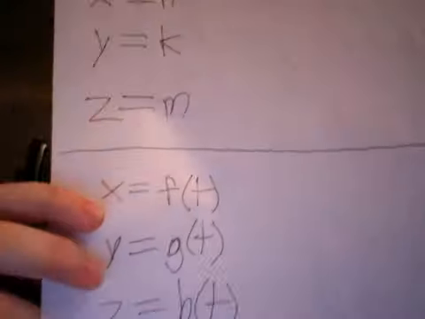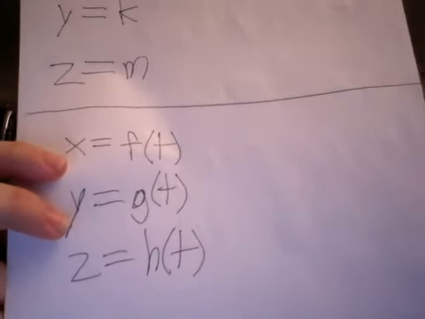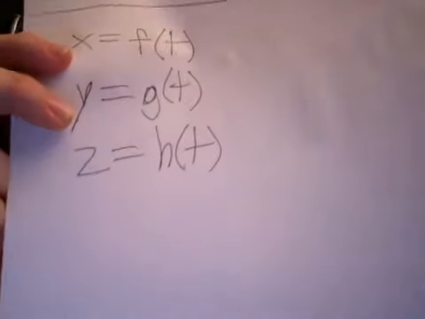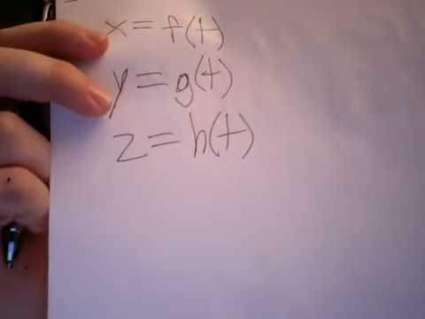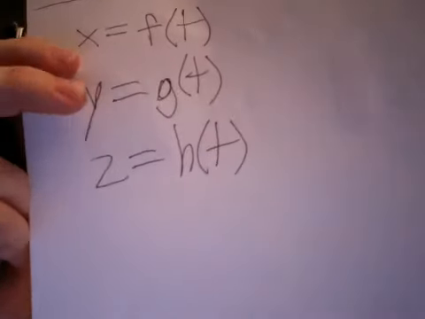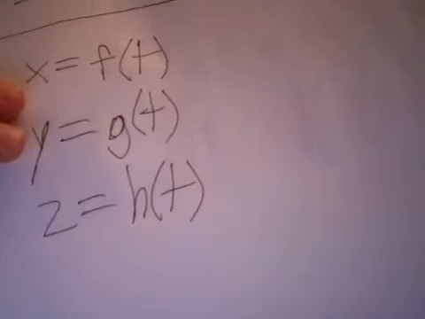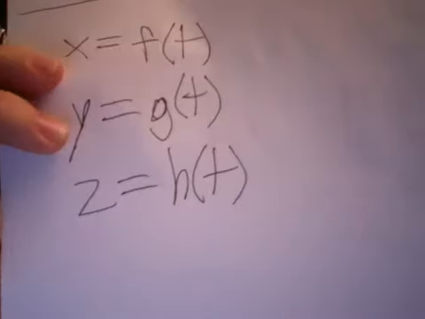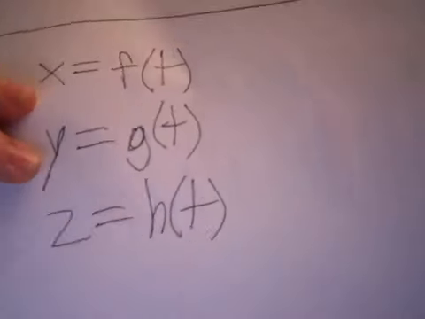So x equals f of t, y equals g of t, and z equals h of t. As I'm sure you know, this gets you a space curve. Some kind of curve that doesn't lie in a plane, it just travels through space.